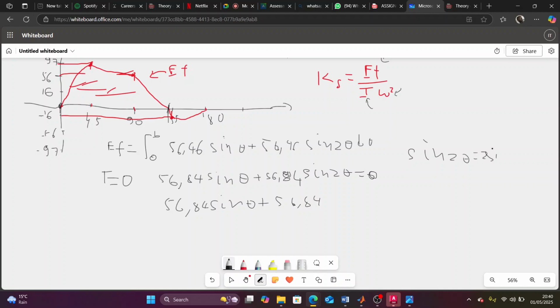It is 2 sine theta cos theta. So this one will be 2 sine theta cos theta to be equal to 0. Do you see it? Yeah.